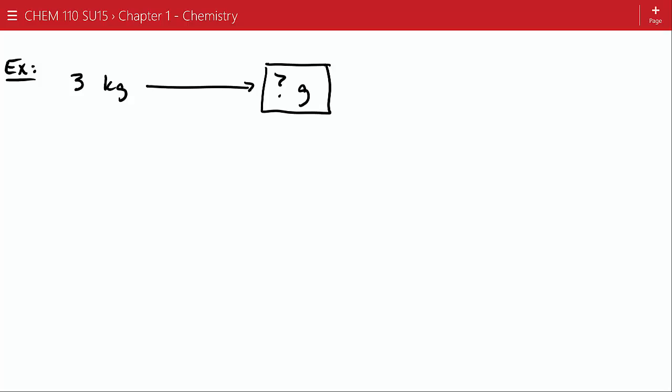What was that? Yeah, cancel out kilograms. And how would we do that? So we've got 3 kilograms. We'll put kilograms on the bottom. Grams would go on top. And what number goes where? 1,000 on the top. So in this case, remember that there are 1,000 grams in 1 kilogram.